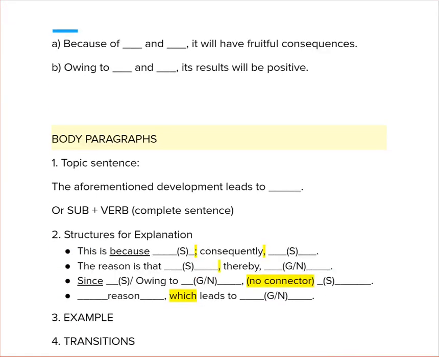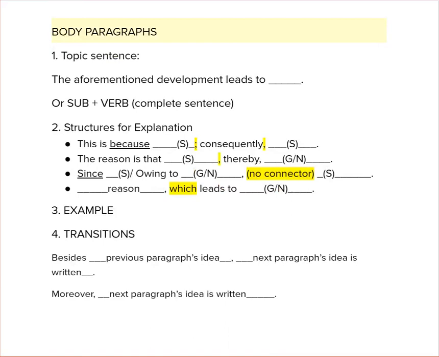Now let's see how we can write templates. It's all about templates of the body paragraph. Topic sentence: the aforementioned development leads to, or subject plus verb, a complete sentence. Structure for explanations: this is because dash sentence, consequently, sentence.